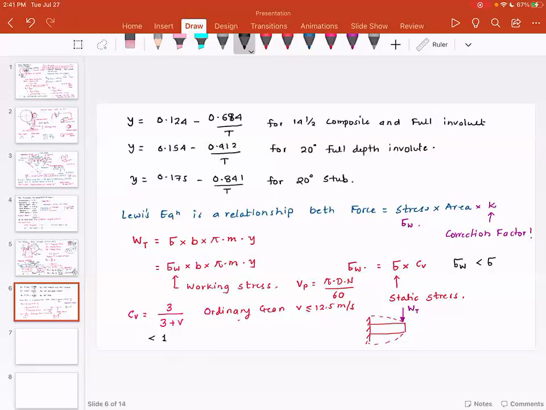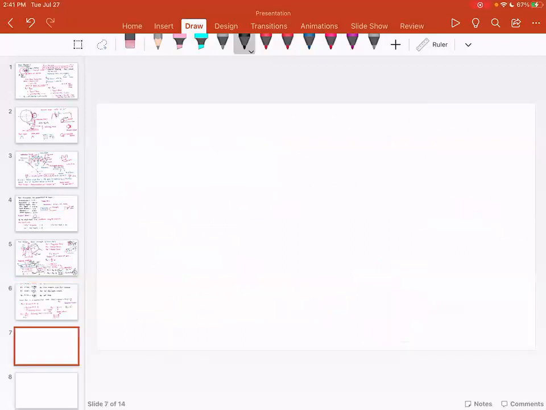So we reduce, or we add, an additional factor of safety. But that factor of safety depends upon the velocity. So CV is a factor that reduces the design strength by a factor that depends upon the velocity. Different values of CV are given in the textbook. I would just list them.